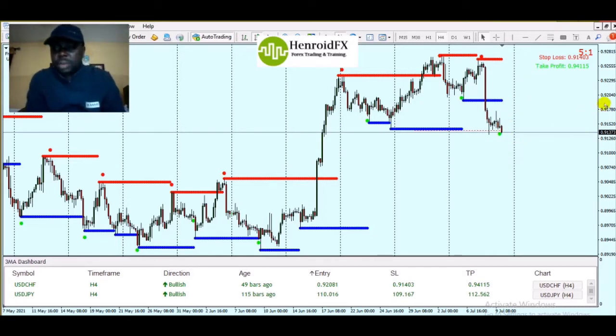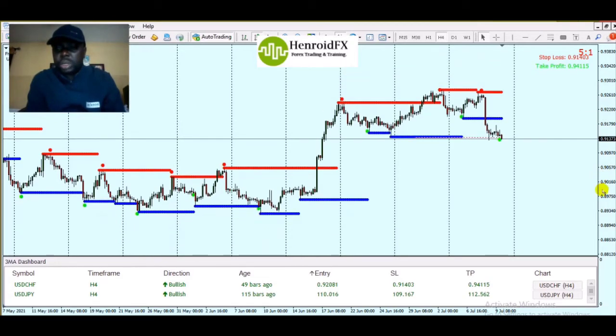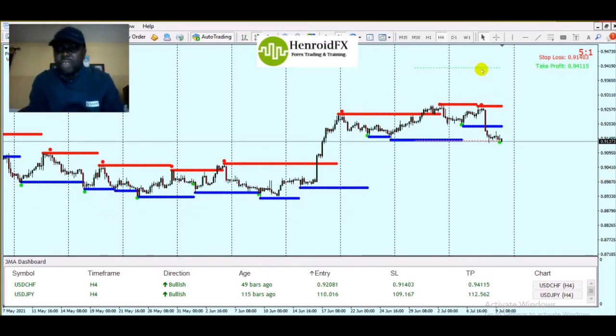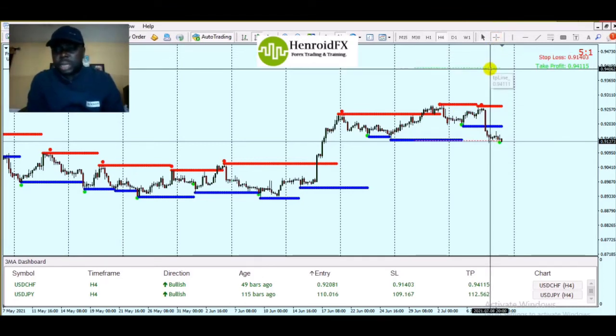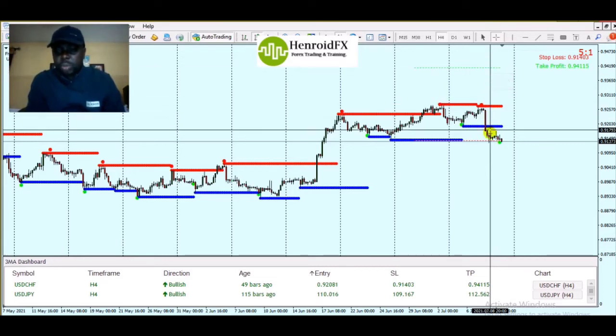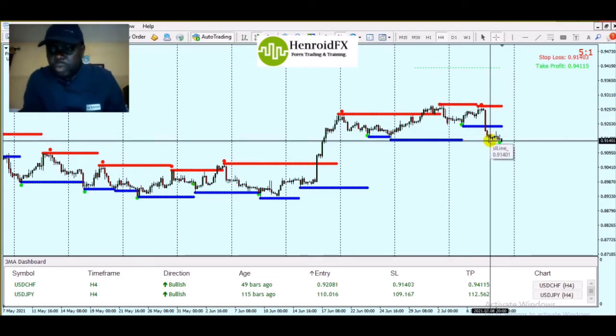However, my system is saying you take your profit at 0.94115 here, believing that it will continue the uptrend. So this could be a possible retracement from the resumption of the uptrend, only to later continue upon reversing to the uptrend. So take your profits at this point. That's my advice, 0.94115, and the stop loss will be at 0.94001.